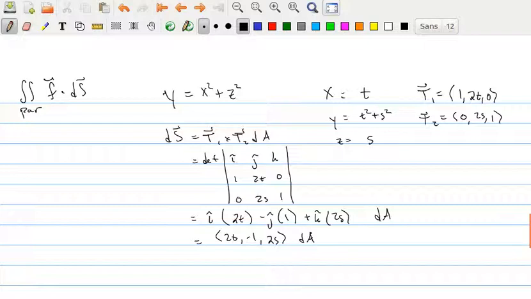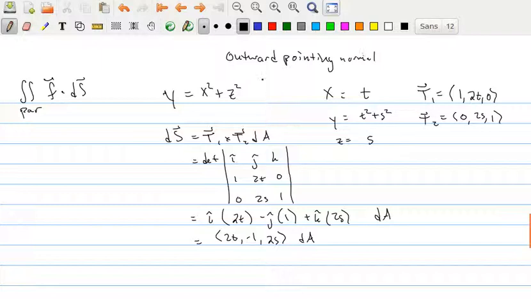Because unlike for the scalar line integrals, for the vector ones the order of the cross product matters. If we were to cross these in a different order, we'd be off by a sign. Anytime we do these flux integrals, we need the outward-pointing normal, if our region is closed, which in this case it is, there's no gaps in the surface.